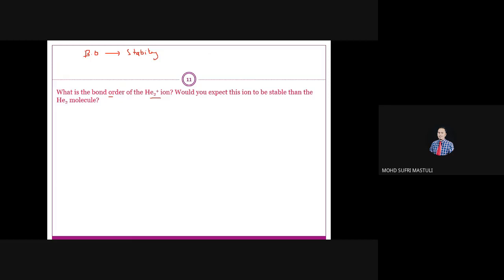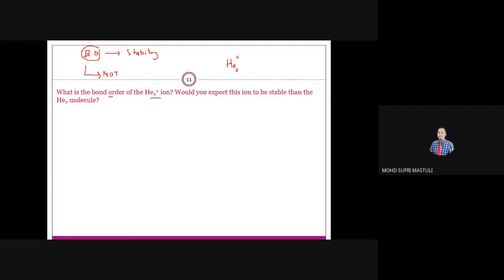So kita kena kira dia punya bond order. Nak kira bond order, you kena buat dia punya molecular orbital theory diagram. Pada situ baru you boleh tahu how many bonding pair, how many anti-bonding electrons. Before we draw the respective molecular orbital diagram for these two ion and molecule, you kena faham dulu apa yang dimaksudkan dengan He2 plus.